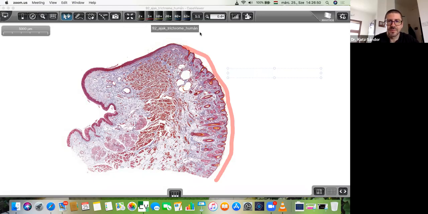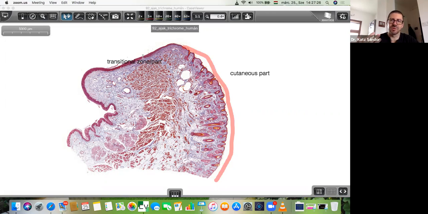Okay. And then the other one, the upper side, that is the transitional zone, also called the transitional part. The transitional zone represents slightly keratinized epithelium, but we are going to zoom in later.